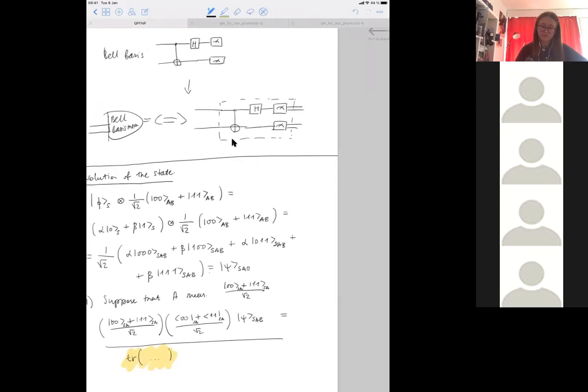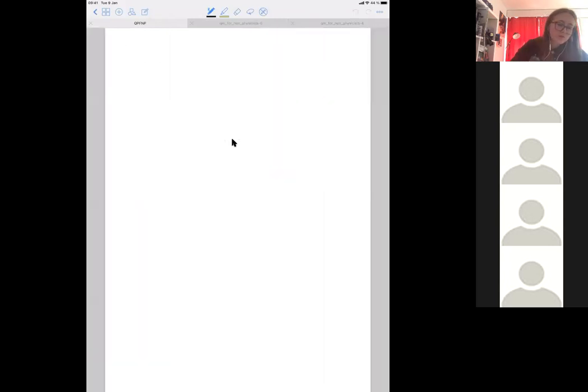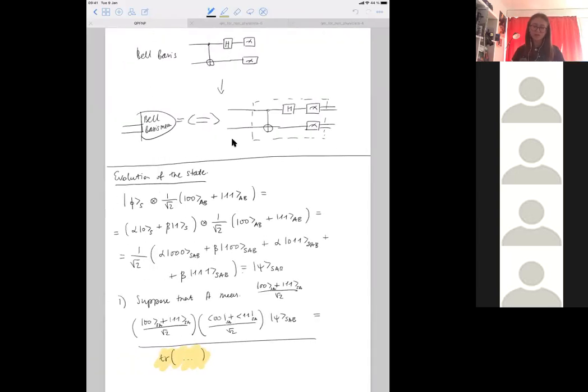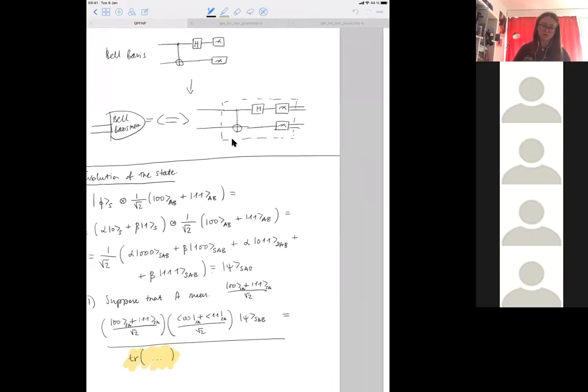Okay, so let us compute this. What we get is 0,0 SA plus 1,1 SA over square root of 2. And here we have the sum of two bras acting on the psi, which is a ket.